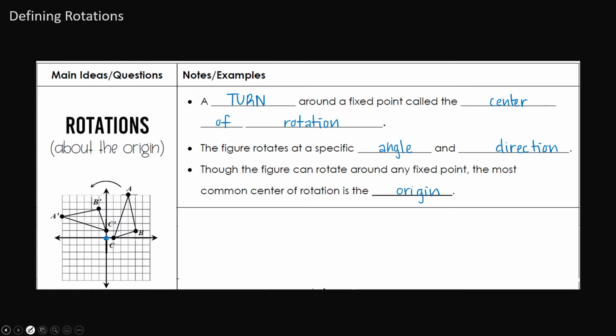If you take a look in this diagram, I'll try to make it clear. Let's look at the rotation from A to A prime. If I draw a line from the center of rotation, which is the origin, to A, I'll draw a dotted green line here. I'll make it solid, easier to see. So I've drawn a line from point A to the center of rotation. And I'm also going to draw a line from the center of rotation to A prime.